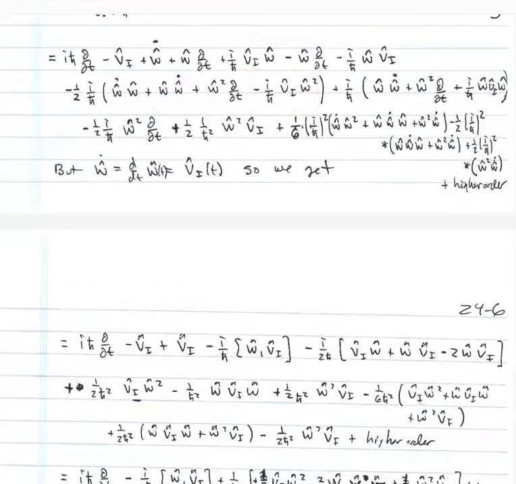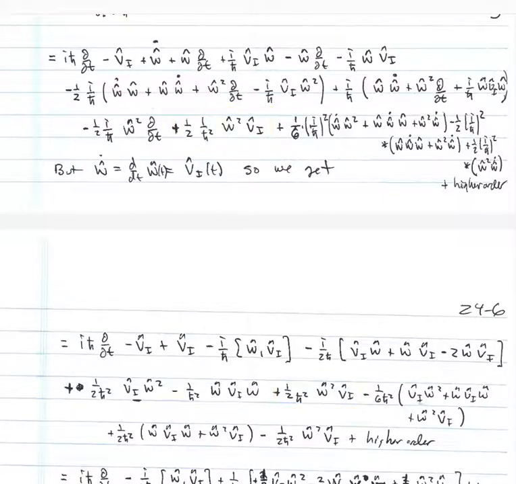Let's take a look at the derivative terms. Just like before, the derivative terms, there are three of them. They cancel. So the w squared d by dt terms, they all cancel. We also have a term that is minus 1 over h bar w viw. And we have a term that is plus 1/2 w squared times vi.